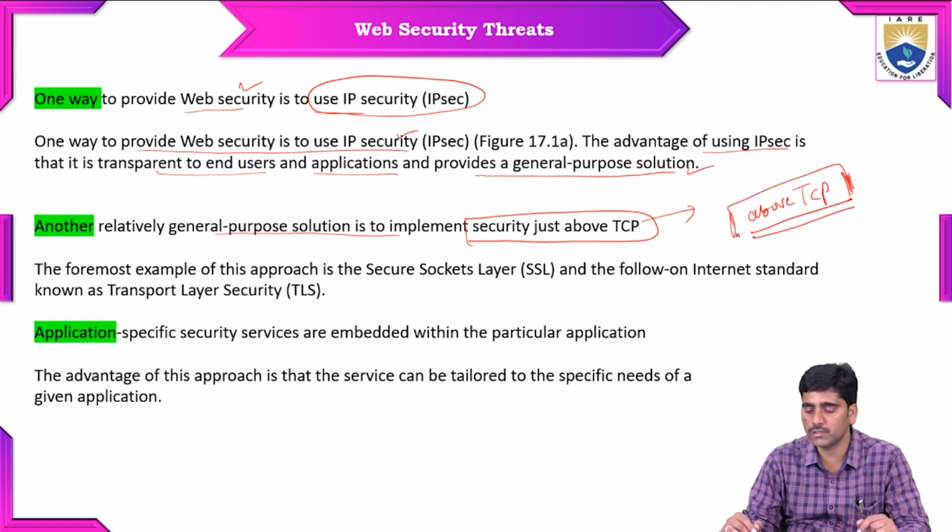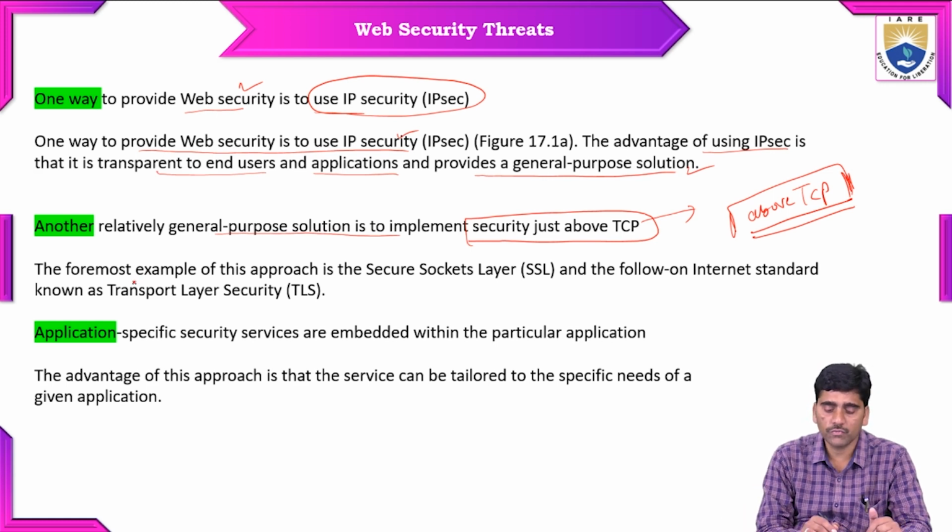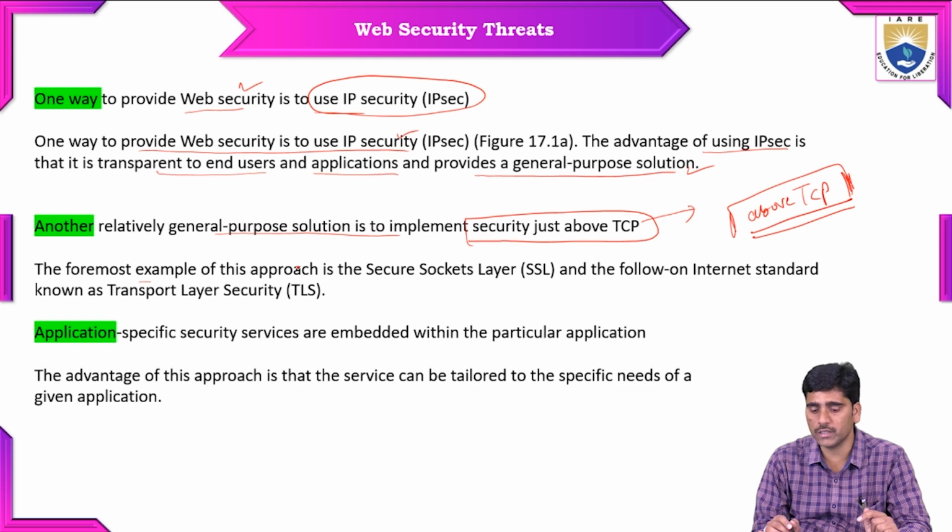Above the TCP layer, we implement the solution in the form of an additional layer. The foremost example of this approach is the Secure Sockets Layer, an additional general purpose layer to implement security for TCP, and the follow-on internet standard known as Transport Layer Security.